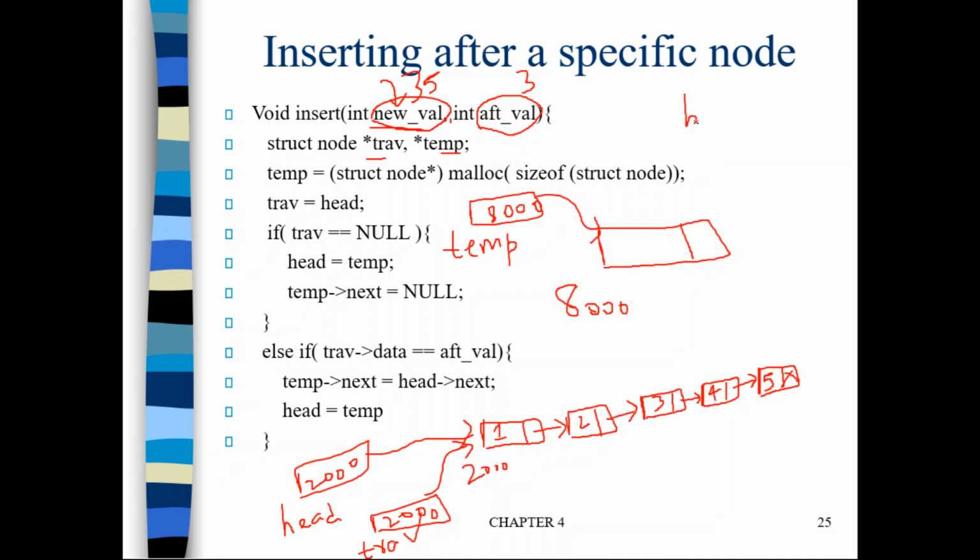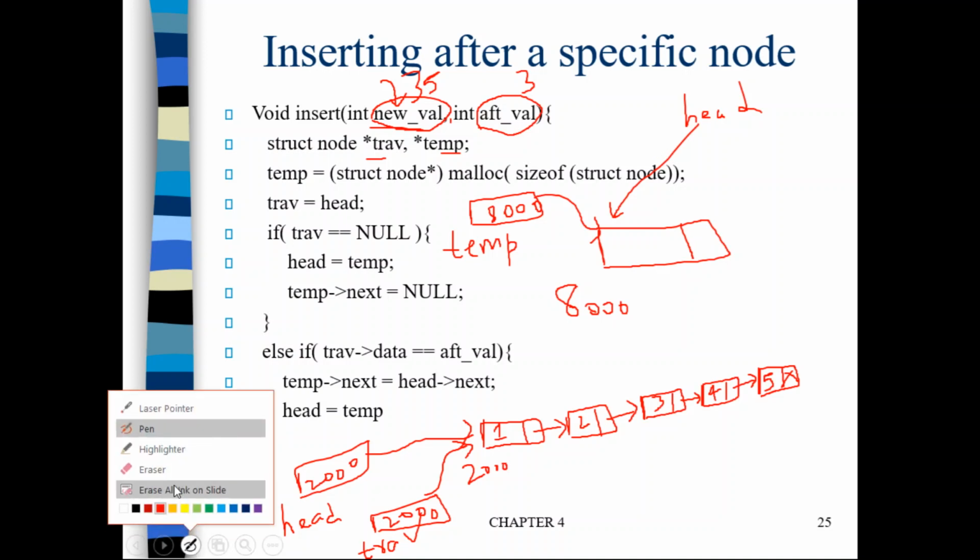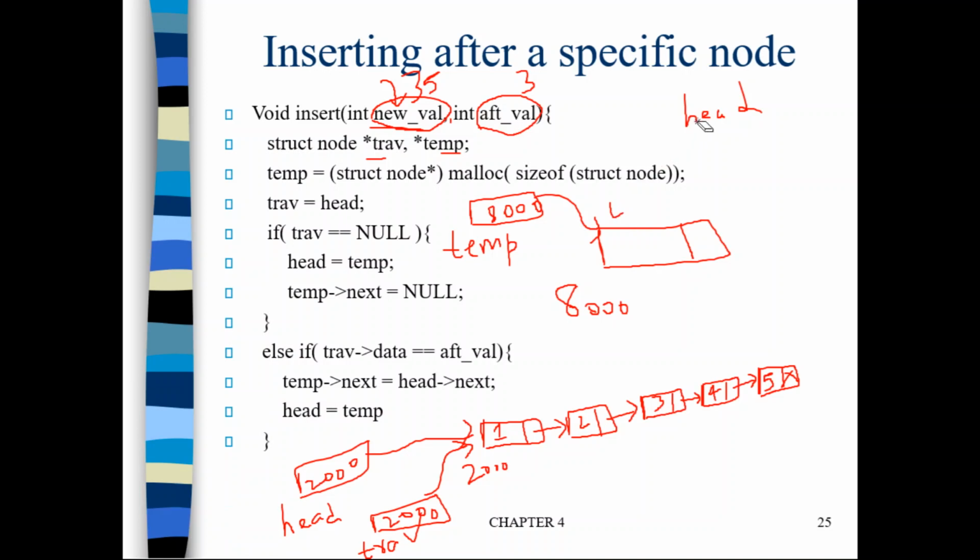Whatever new node we created, we make head point to it, because it is the only node. And temp arrow next is null, obviously, because there is only one node. So that is the case if the list is empty and you are still trying to insert.